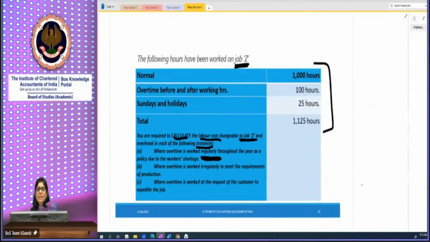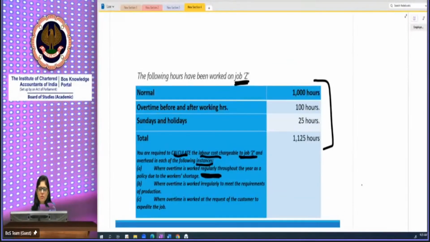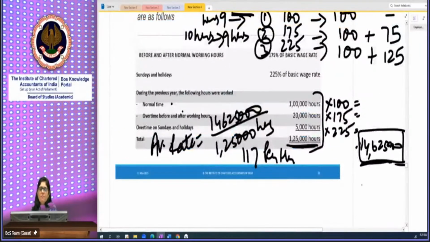That means overtime is a regular feature. So it's a normal overtime. Every time it will happen. That means every Sundays and holidays it's working, or before or after working hours.